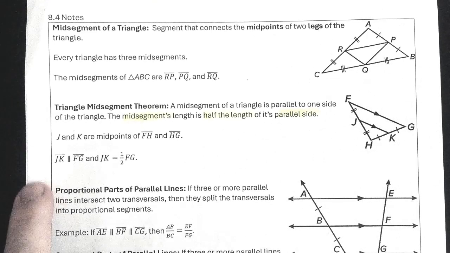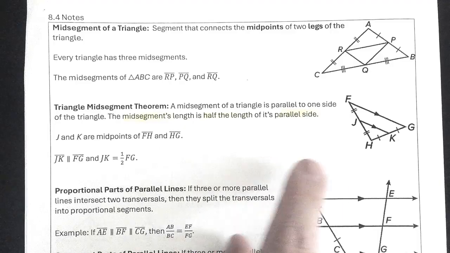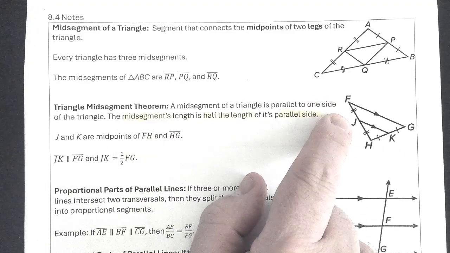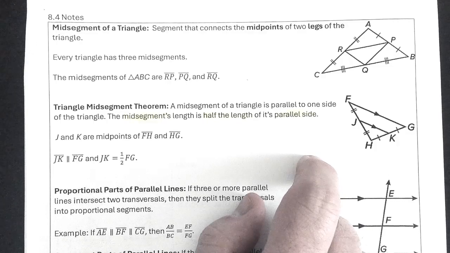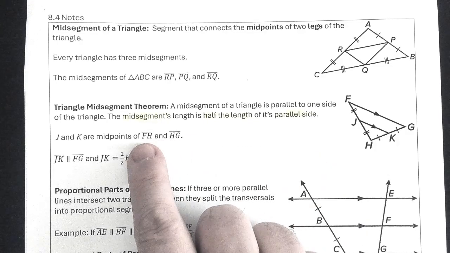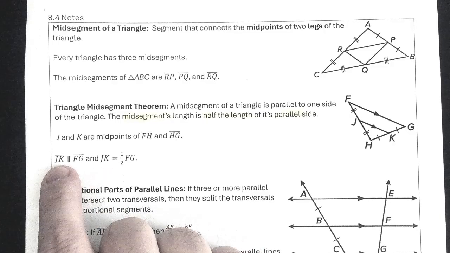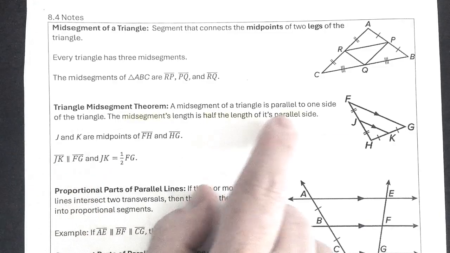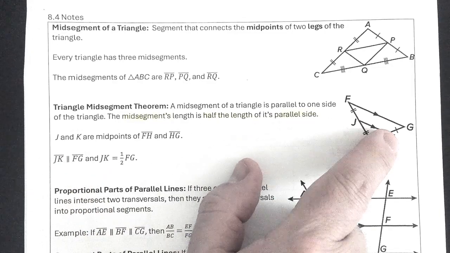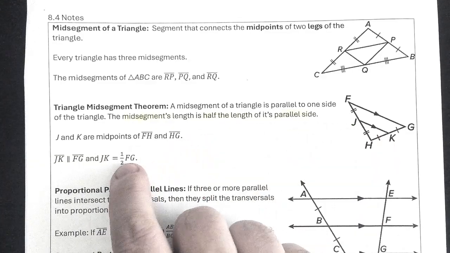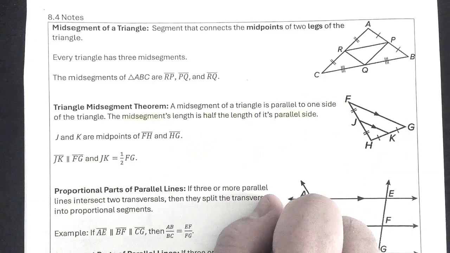All right, so for this, it says J and K are midpoints of FH and HG. So if JK is parallel to FG, then JK is going to be 1/2 the size of FG.